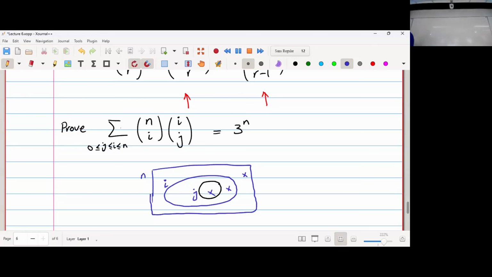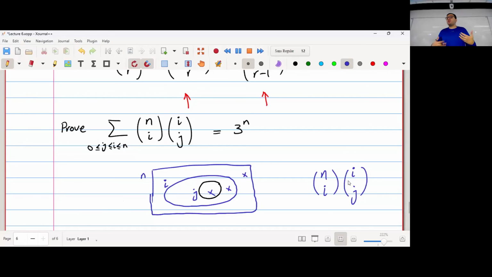If I know that I have exactly i students that get A, and exactly j students that get A+, then I first have to choose i students from my n students to get A. And then among these i students, I have to choose j students to get A+. If I fix the sizes, then the number of ways is n choose i times i choose j.